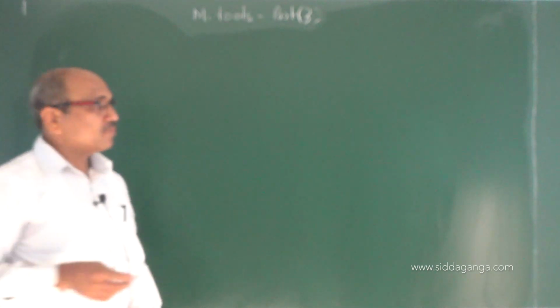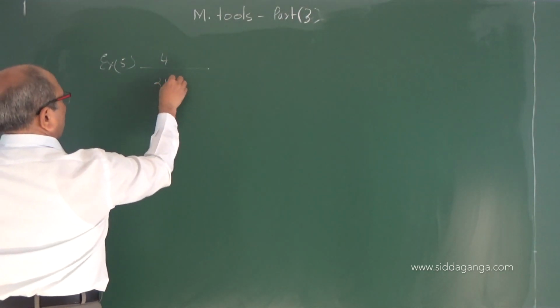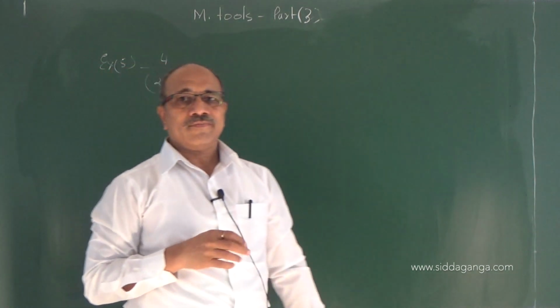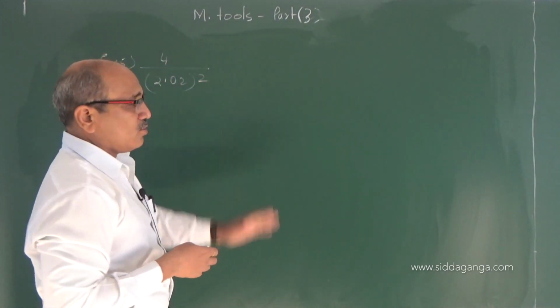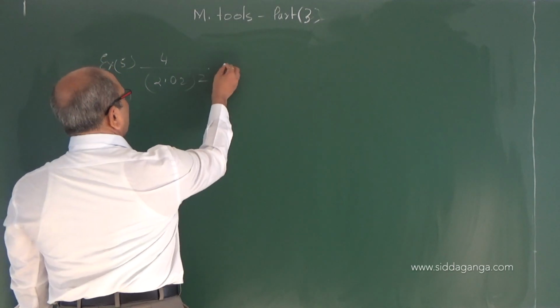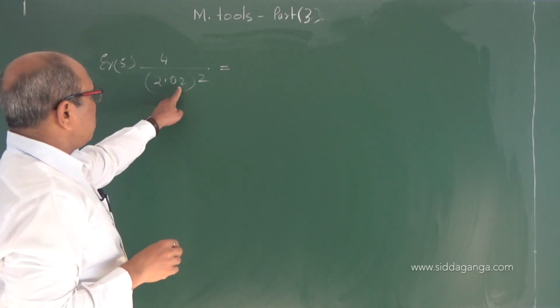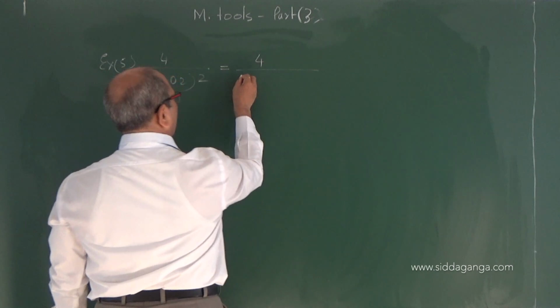So another problem. We have to get the answer to this. After some simplification, if we arrive at this relation, how can we solve this? So this can be written as I previously did, you can separate. Let it be 4.